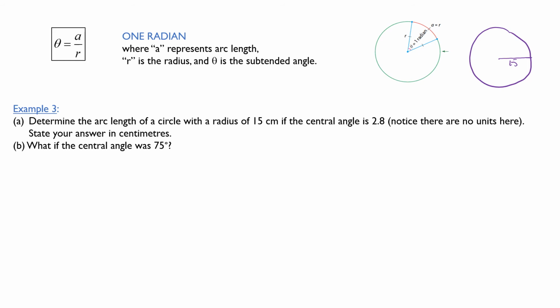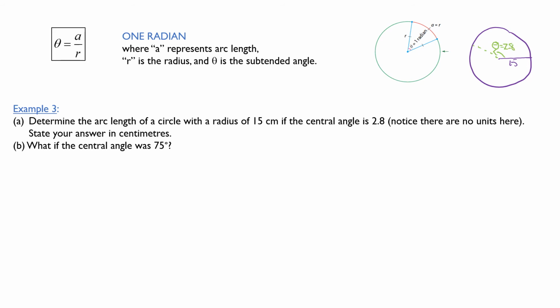That would be our angle. Let me do a little guess here, because I'm not that comfortable with radians. I don't really know what 2.8 means. So let's just put an angle out here somewhere. Let's say that's 2.8. This is our central angle. So theta is an angle, and it's going to be 2.8.